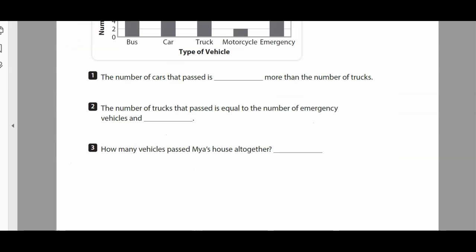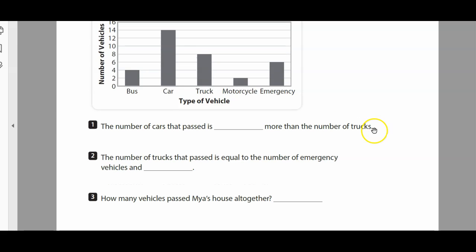Let me do this smaller so you can fit everything. So this was 6. It says the number of trucks that pass is equal to the number of emergency vehicles and something else. So how many trucks did she see? 8.